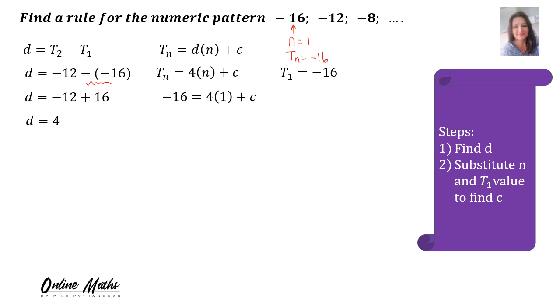In Tn's place, we substitute -16 and in n's place 1. Then -16 minus 4 is equal to c, and -16 minus 4 is -20, so c is equal to -20. Therefore, Tn is equal to 4n minus 20.